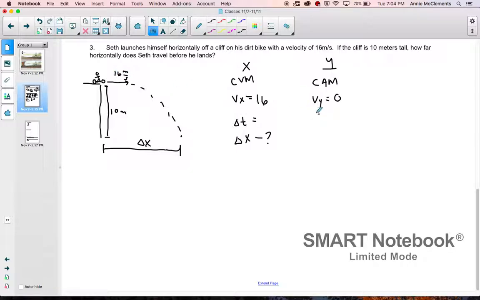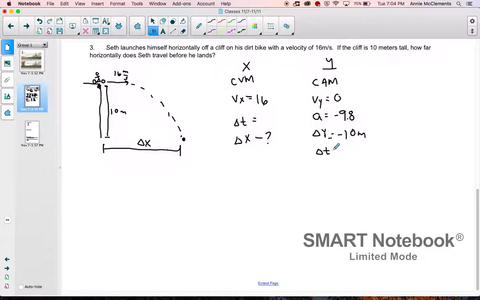That gain in vertical velocity comes from his acceleration, which is in free fall, so it's negative 9.8 meters per second squared. Our change in y, right, to get from this point here down to this point here, he's got to fall 10 meters, right? So his change in y is going to be negative 10 meters. Right, he falls 10 meters.